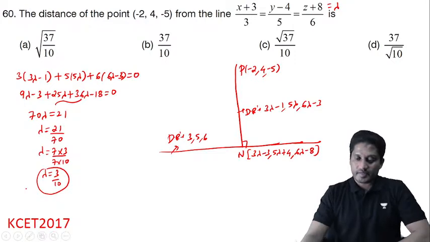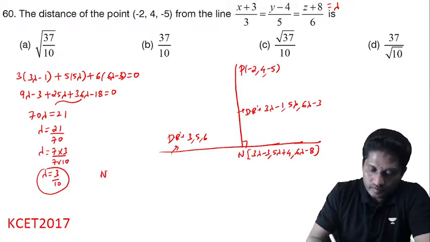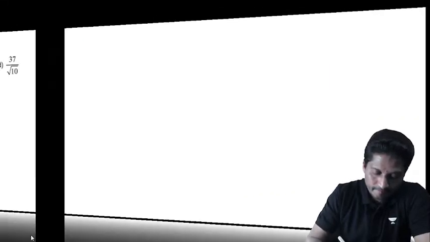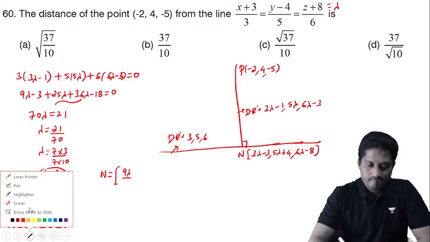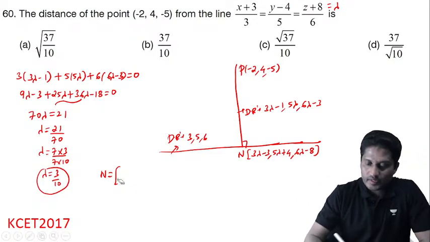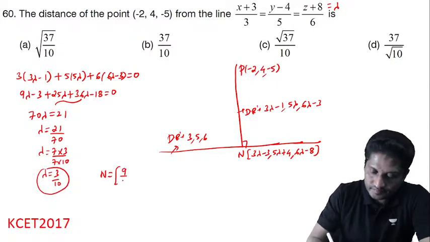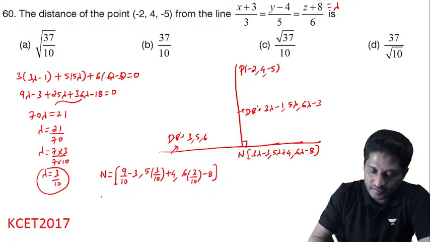Now this foot of the perpendicular will be, 3 lambda is 9 by 10, right? So lambda is 3 by 10. If I substitute here, you will get 9 by 10 minus 3, and then 5 into 3 by 10 plus 4, comma 6 into 3 by 10 minus 8. Let me simplify this.